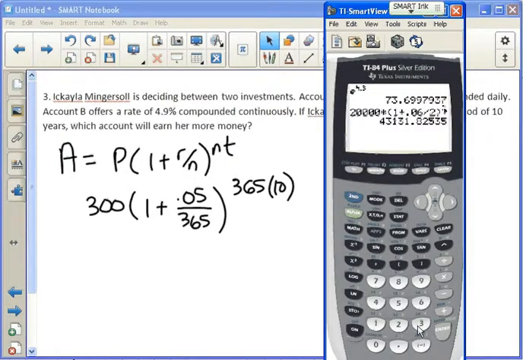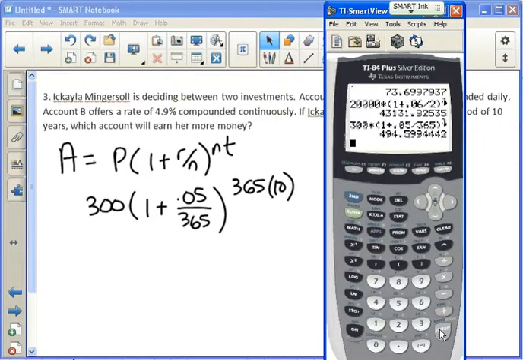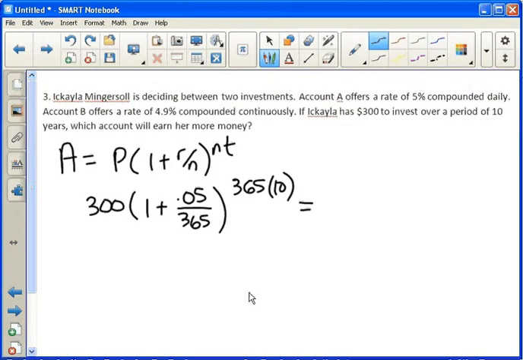300 times 1 plus 0.05 divided by 365 raised to 365 times 10. So that would give us $494.60. That's account A. And now let's try account B. Account B, we are doing it continuously. We're compounding continuously, so we use this equation.